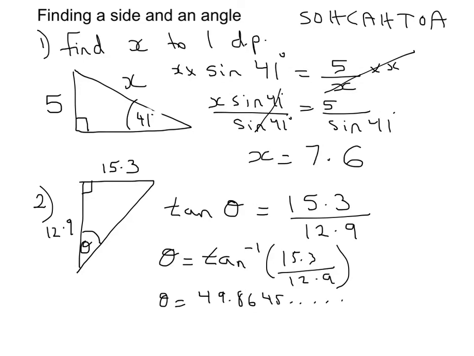So I need to convert that to degrees. I press second function DMS again, and let's round it off to the nearest minute. So that's 49 degrees and 52 minutes. Remember that halfway is 30 because 60 is the whole, so halfway is 30. We get that answer.